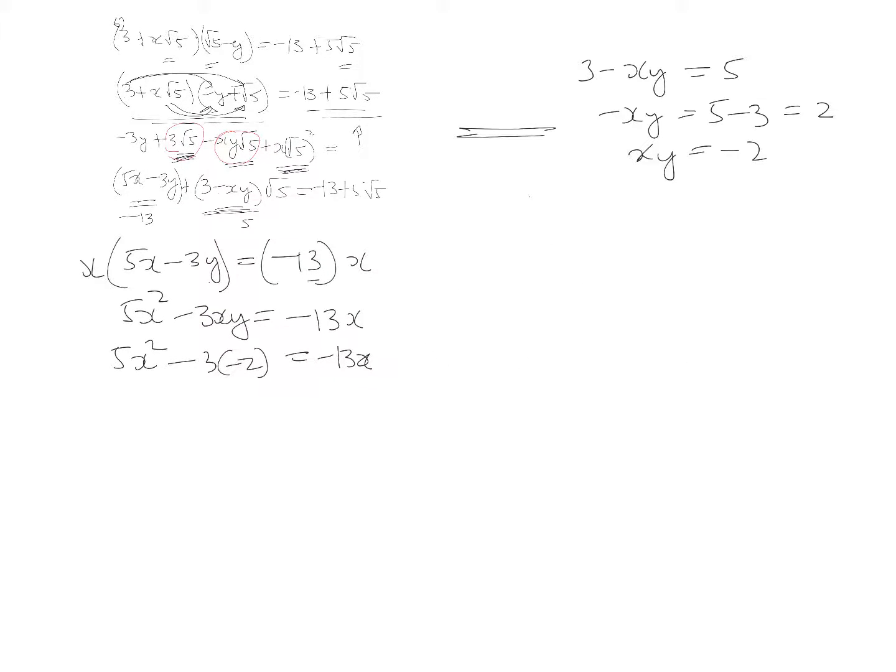So that will give me, simplifying that, I will have the following. 5x squared, negative 3 times negative 2 is plus 6, is equal to negative 13x.